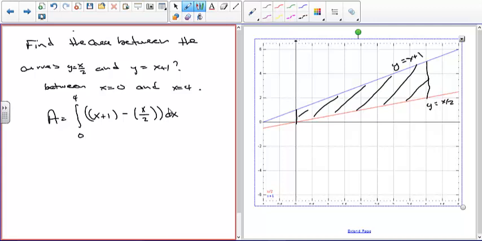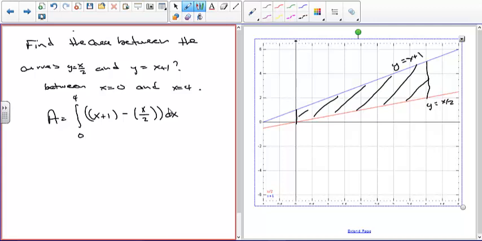If I did just the first part, x plus 1, that would be the area between the blue curve and the x-axis. If I did x over 2, it's the red curve, that would be the area between the red curve and the x-axis. By subtracting, I find the area between the two curves.